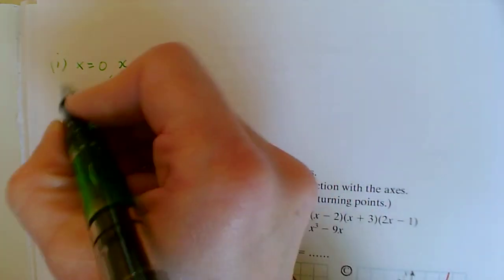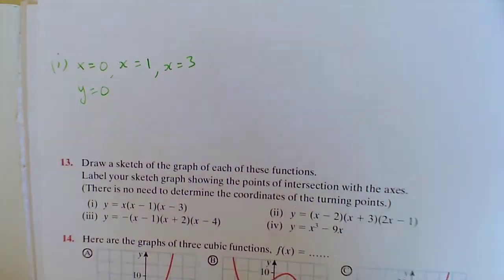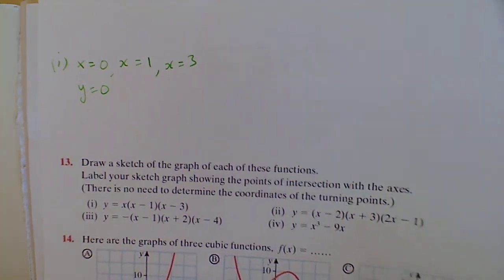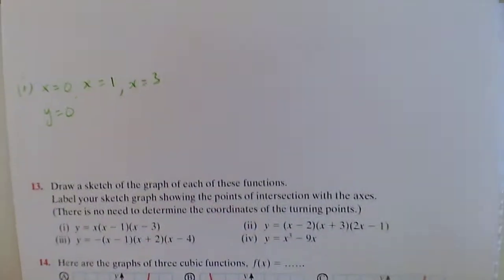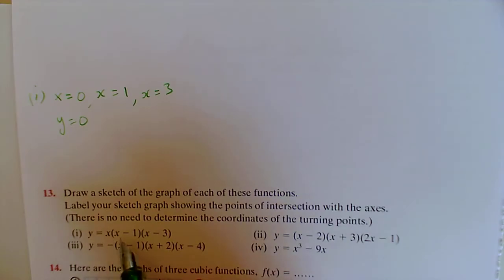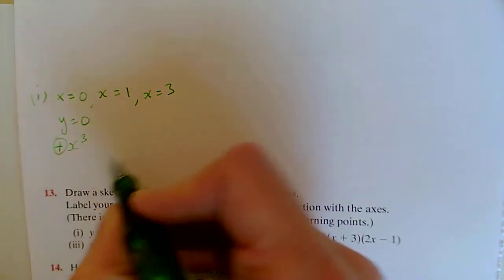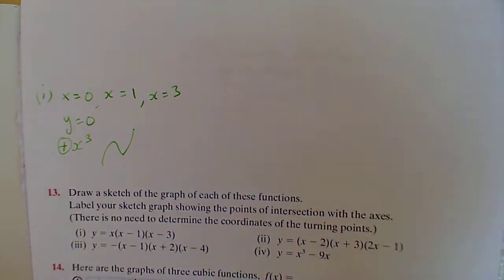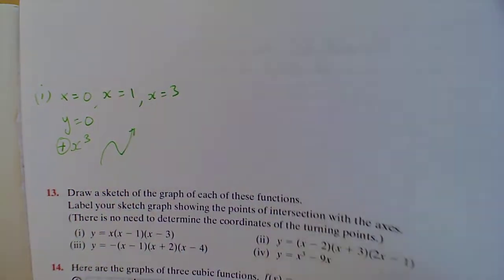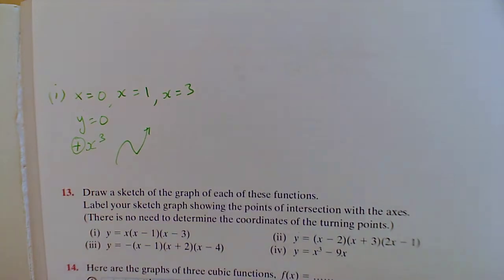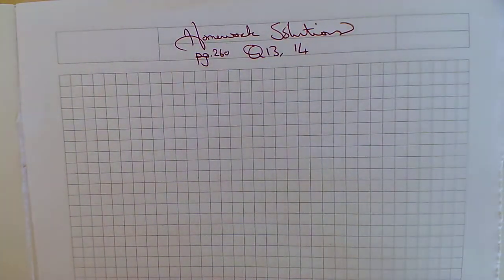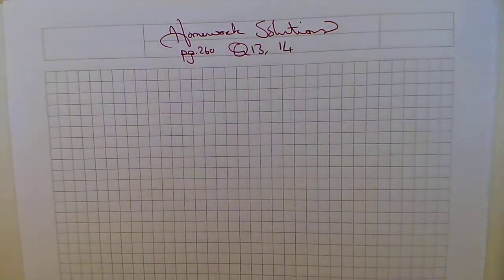And because it goes through x at 0, we also know that the y-intercept will be at 0. We also know that when we multiply them out, the x cubed will be positive, which means that it's this shape. It ends pointing up. So positive means the end points up, negative means the end points down.